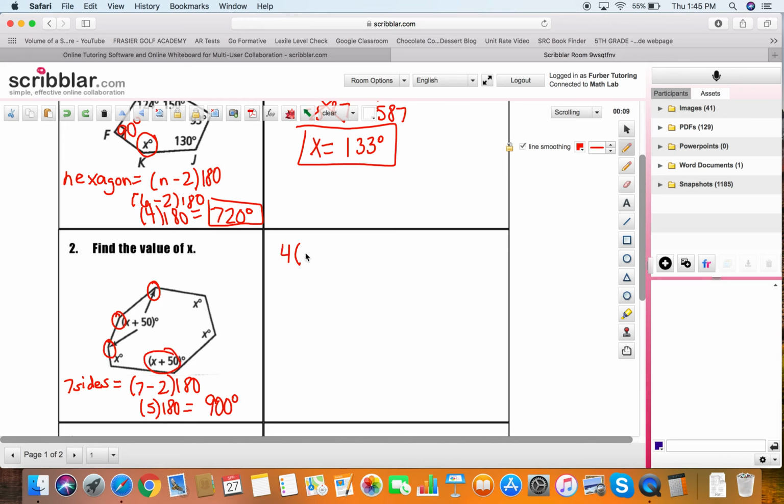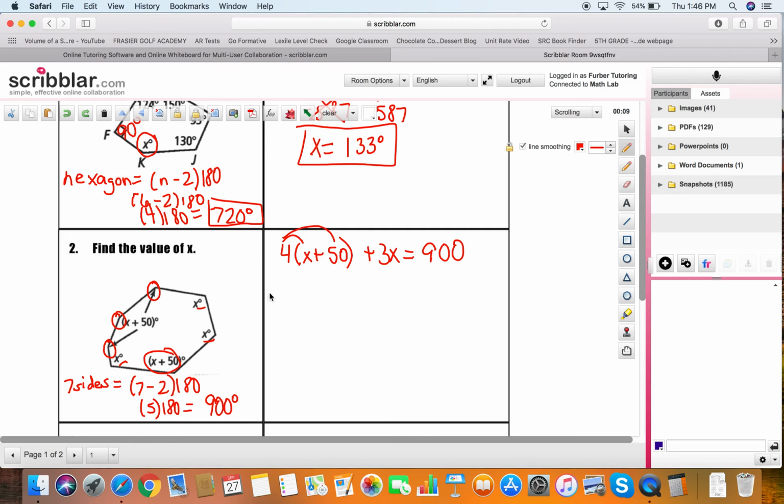So I'm going to write it like this, so I don't have to write so much to begin with. And then there are 1, 2, 3 x's. So at that point, I'll just write plus 3x. That way I'm not writing x plus 50 plus x plus 50 plus x plus 50 plus, okay? I don't want to keep doing that, so I'm going to do it in short form.